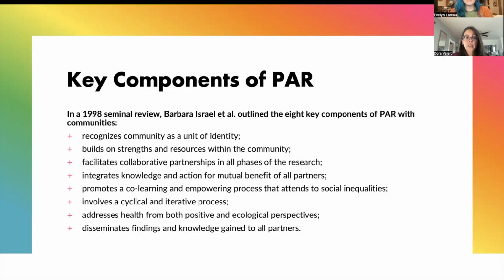She recognized community as a unit of identity, builds on strengths and resources within the community, facilitates collaboration and partnership in all phases of the research, integrates knowledge and action for mutual benefit of all partners, promotes a co-learning and empowering process that attends to social inequalities, involves a cyclical and iterative process, addresses health from both positive and ecological perspectives, and disseminates findings and knowledge gained to all partners. And that's what makes PAR different than other research.